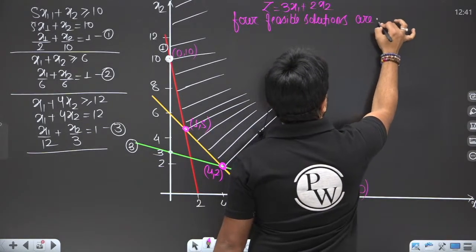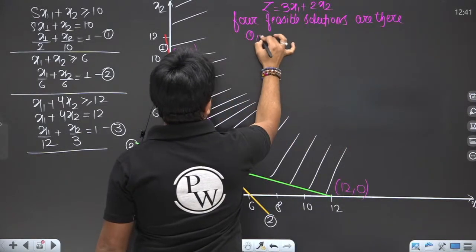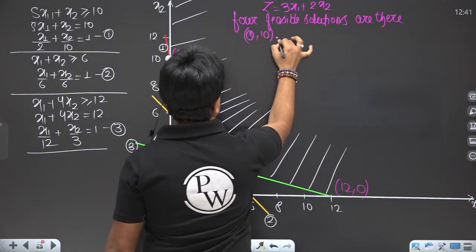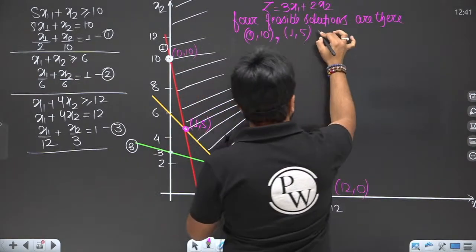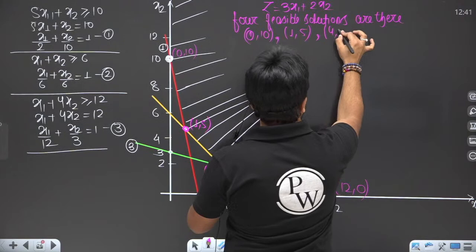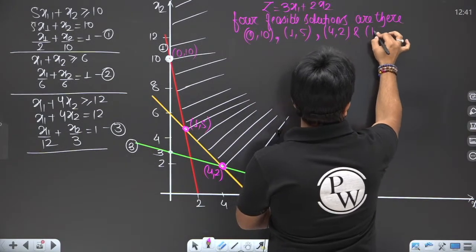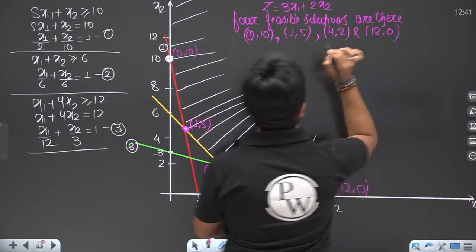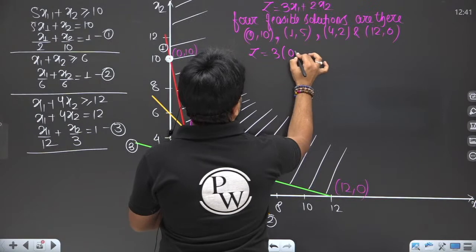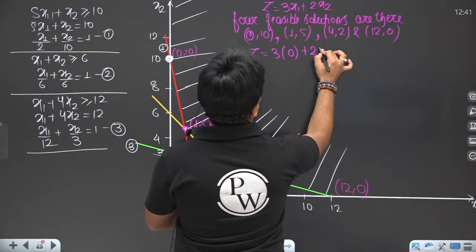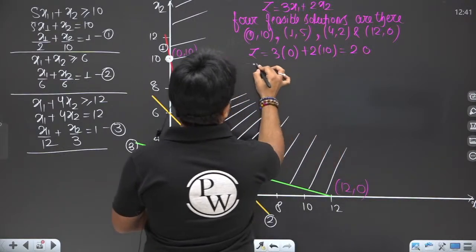And what are they? 0 comma 10, 1 comma 5, 4 comma 2 and 12 comma 0, and which is optimal? Z equal to 3 into 0 plus 2 into 10. It will become 20.